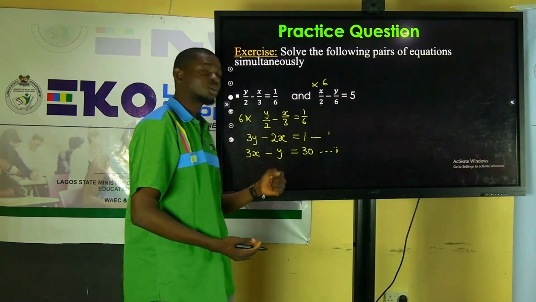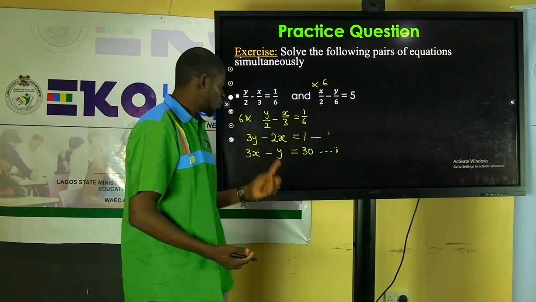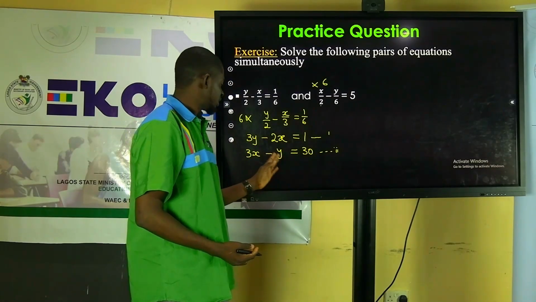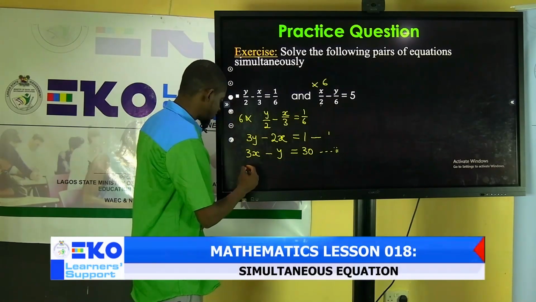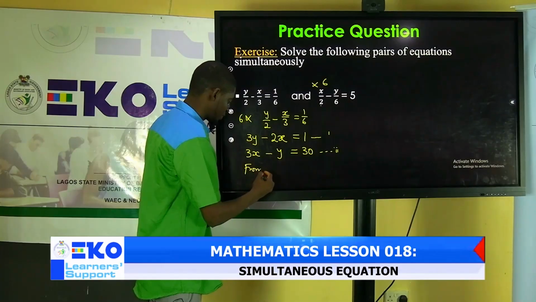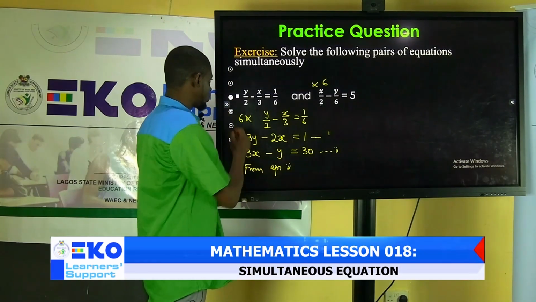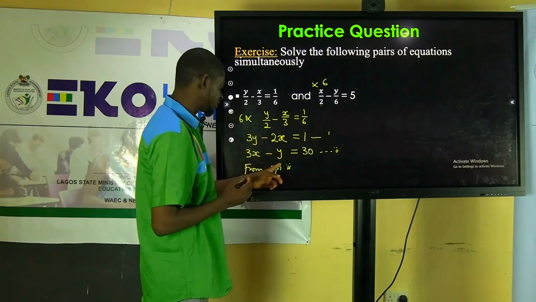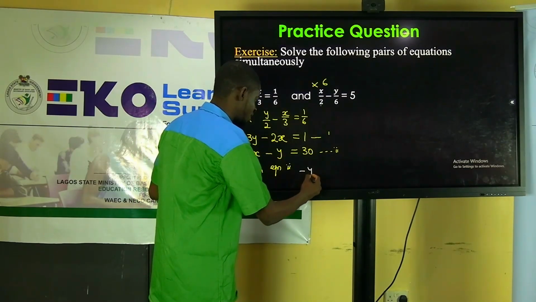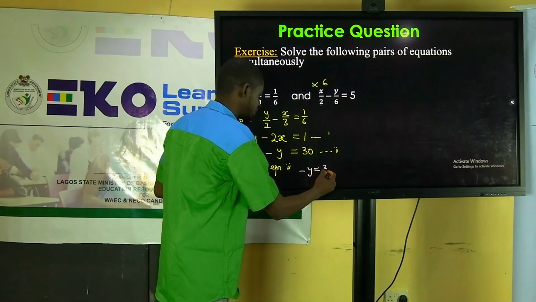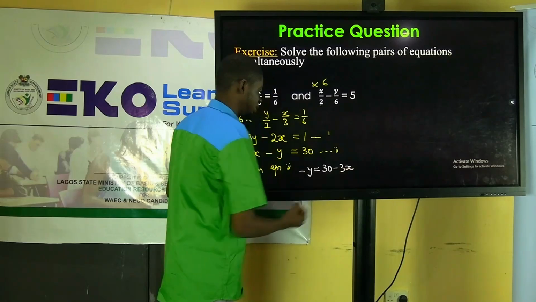Here, you have another job to do, which is selecting the appropriate method. Remember, whenever any of the variables is standing alone, we use substitution. So it means from equation 2, we make y the subject of the formula. It becomes minus y equals 30 minus 3x.